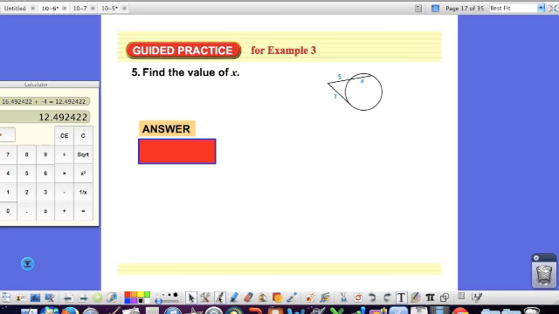So 7 squared is 49 equals 5 times 5 plus x. So 49 equals 5 times 5 is 25, plus 5 times x is 5x.